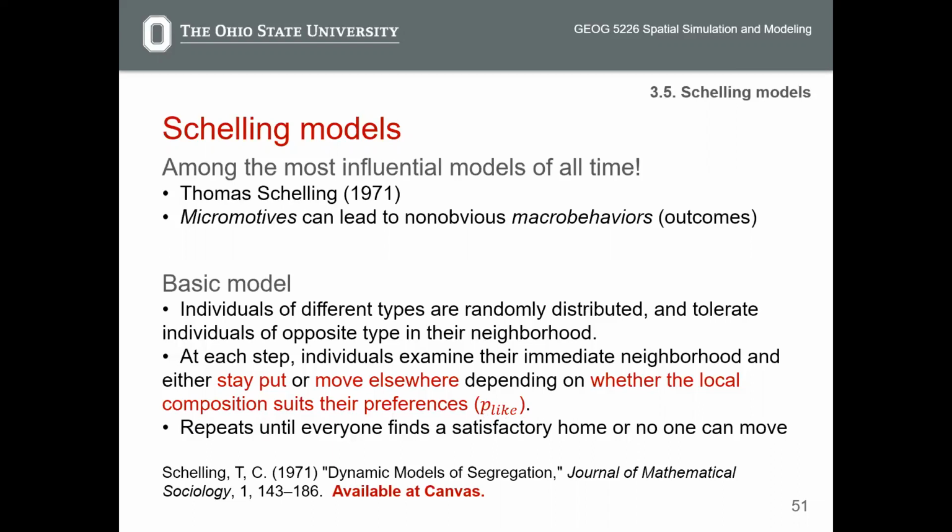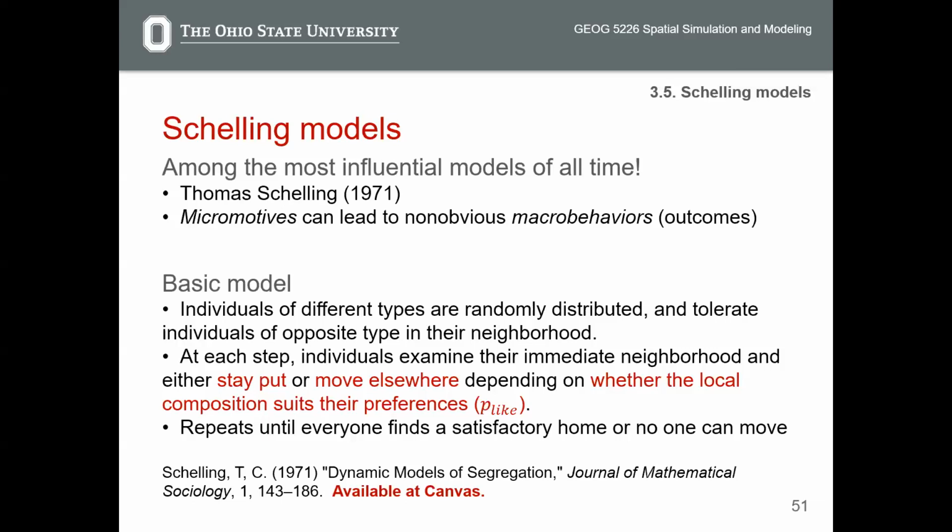If p-like is equal to 0.7, it means that 70% of the neighbors belong to the same type as the central cell. This repeats until everyone finds a satisfactory home or no one can move.